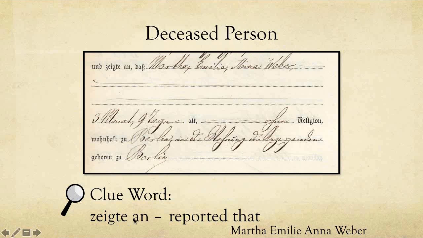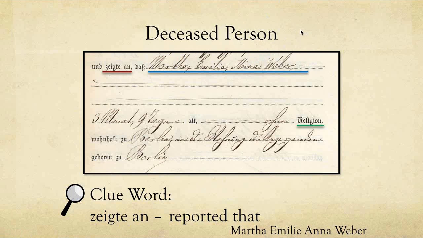So right after that zeigte an, you'll find that deceased person's name. Right there. You can see she has 3 names. That was not too uncommon in German genealogy.